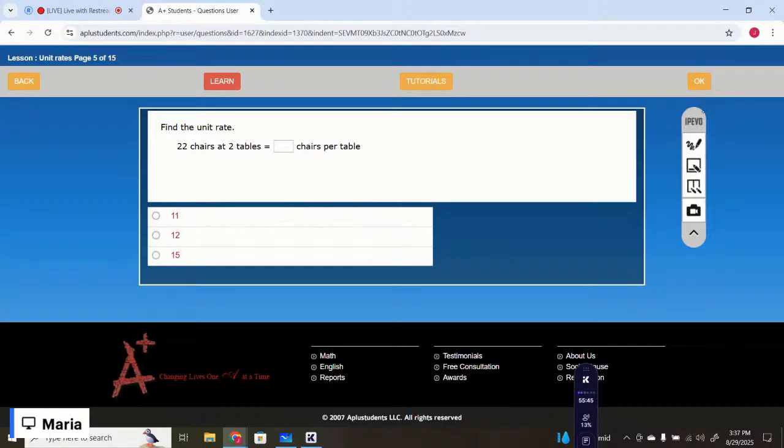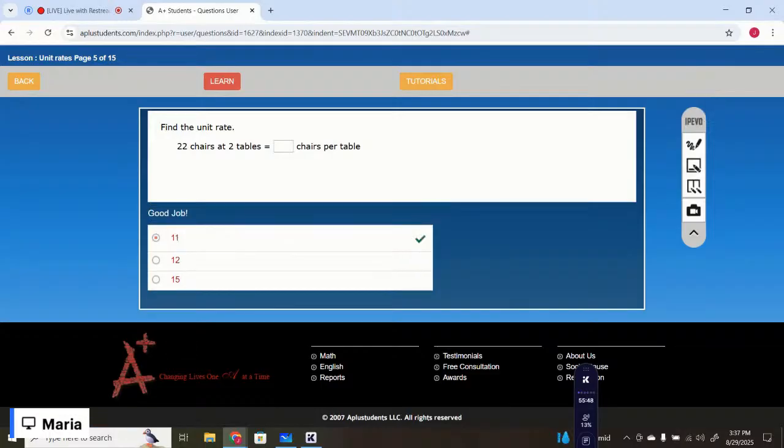Next, that is 11 chairs per table. Option number one is the correct option.